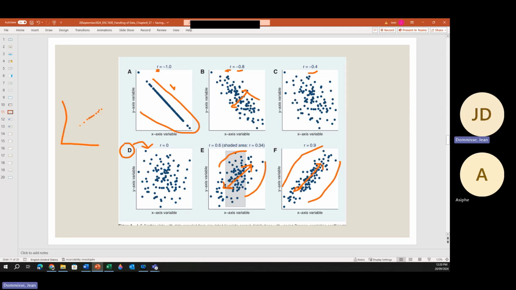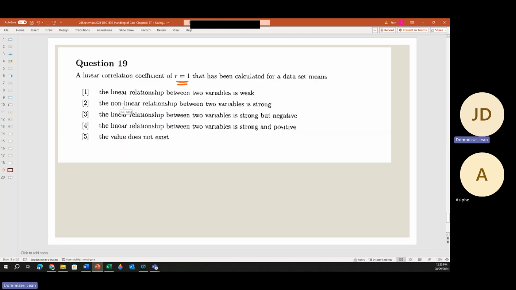So it would have been positive 1. They ask us: a linear correlation coefficient of R equal to 1 that has been calculated for a data set means that the linear relationship between two variables is weak. Yes or no? Because it's 1. The closer you get to 1 or minus 1, the stronger it gets.